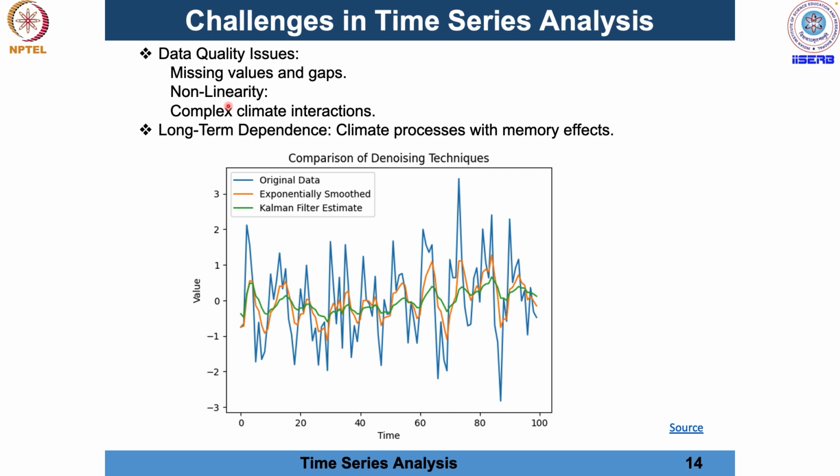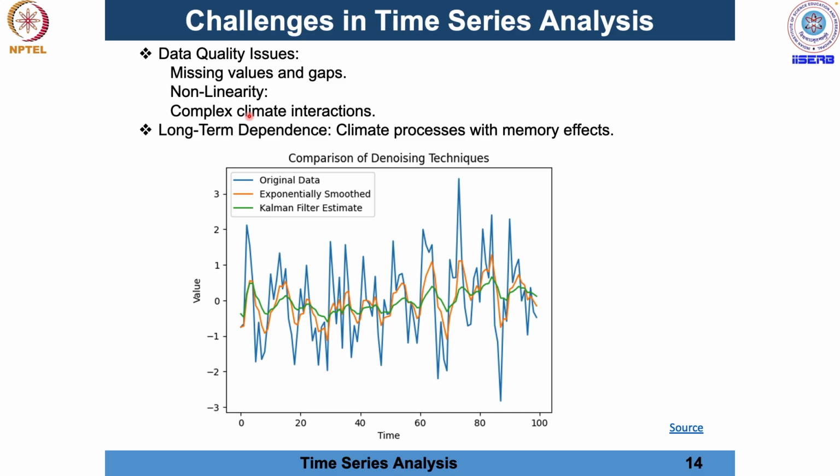Non-linearity: it is possible that you have a non-linear pattern in the data set, and therefore you have very different results compared to when you are fitting only a linear model to the data set. Or it might be possible that there are complex climate interactions. For example, there are conditions called compound events, where multiple events are happening at the same time and influencing one particular variable.